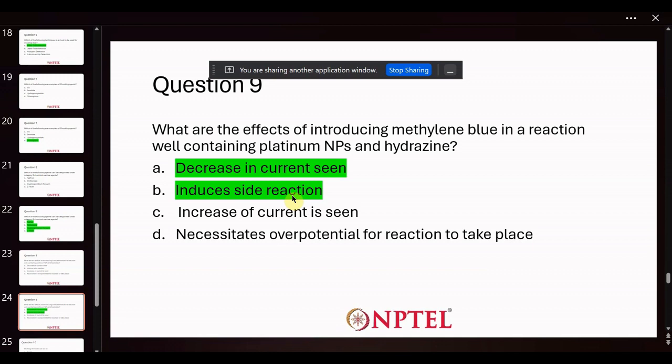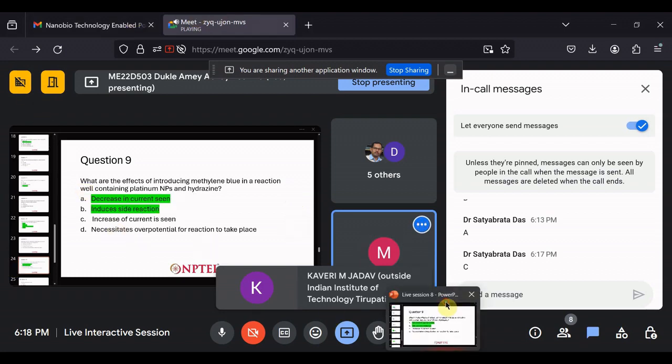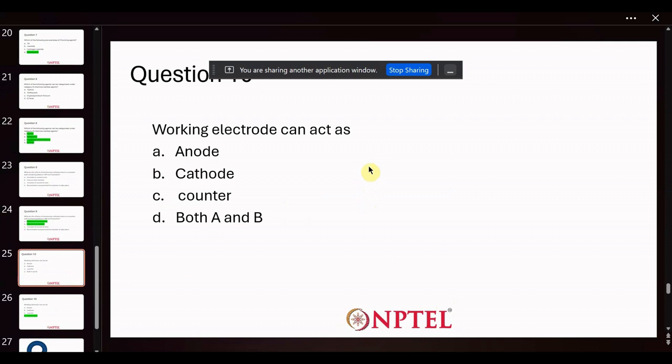That will enhance the side reactions, and it will also reduce the current seen. So that is how the entire setup works with the introduction of methylene blue.